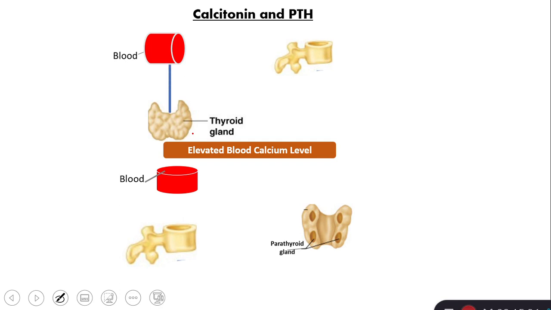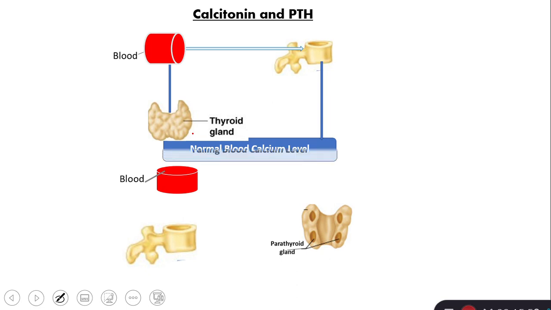Here, the C cells from the thyroid gland release calcitonin because calcitonin is responsible for lowering the level of calcium in the blood. Calcitonin stimulates the release of calcium from the blood, and the calcium goes to be stored in bone. Since calcium moved from the blood to bone, now the blood calcium level goes to the normal level.